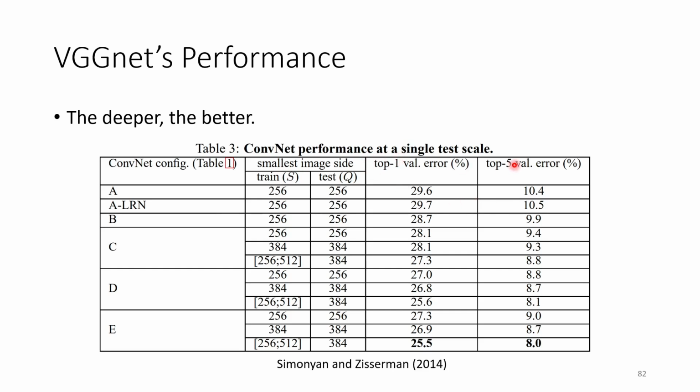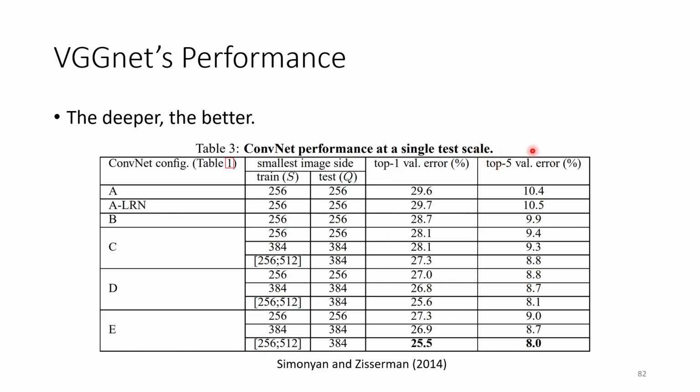Top 1 and top 5 mean, if you generate 1,000 probability values and only pick the highest one as your result, then you compare with the test data whether your prediction is correct.